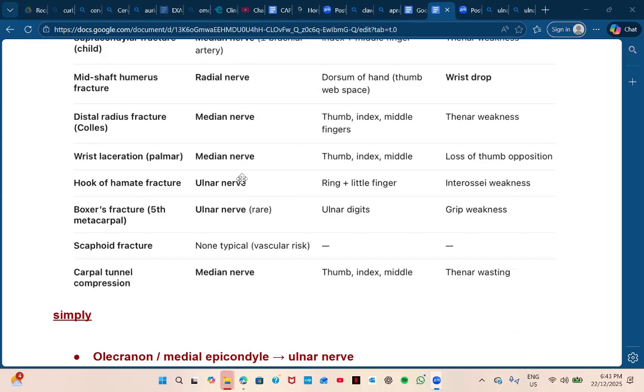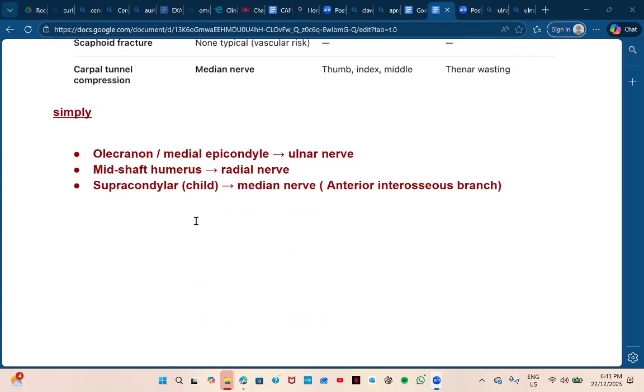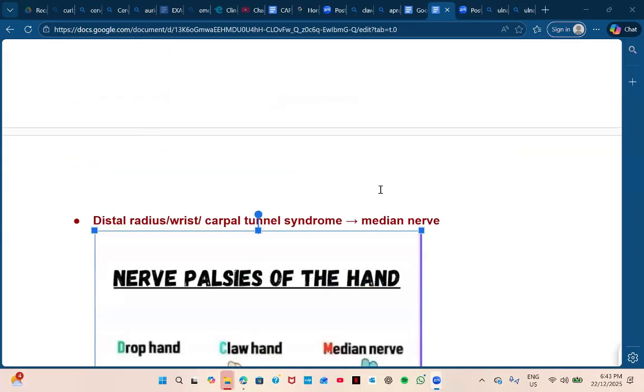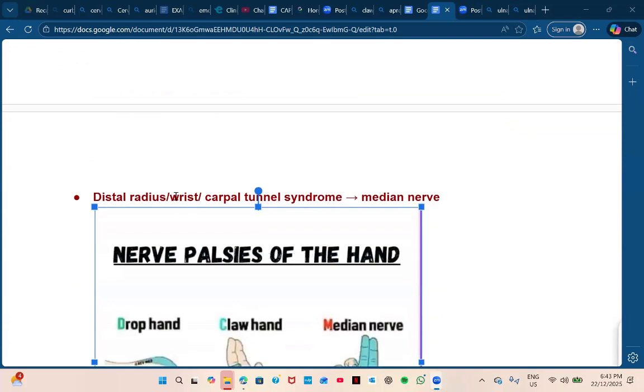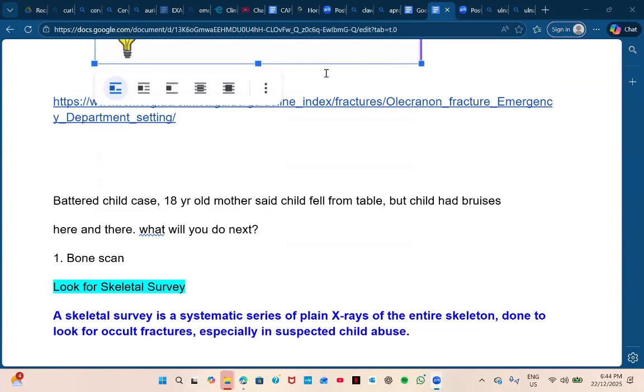Simply: olecranon, medial epicondyle, ulnar nerve damage; midshaft humerus, radial nerve damage; distal radius, wrist, carpal tunnel syndrome, median nerve damage. At least remember this simple part. I hope you all understand.